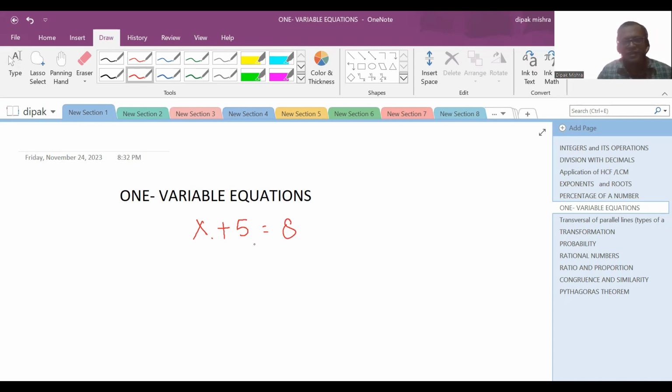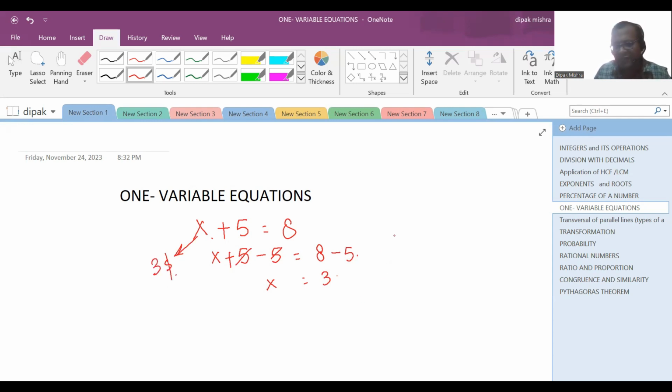To find the value of x, you perform similar operations on both sides so that one side has only x in it. So if x plus 5, you subtract 5 from both sides, you get 8 minus 5, which is 3. So x plus 5 minus 5 gets cancelled, x equals 3, which means you have got $3 in your pocket.